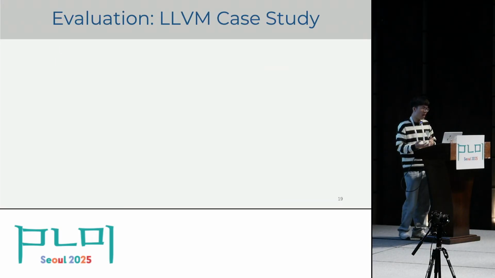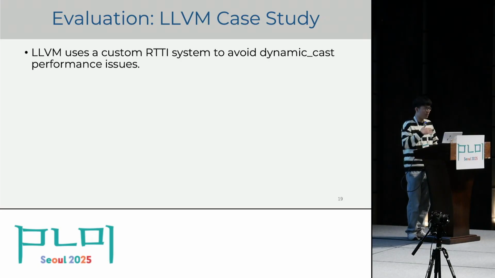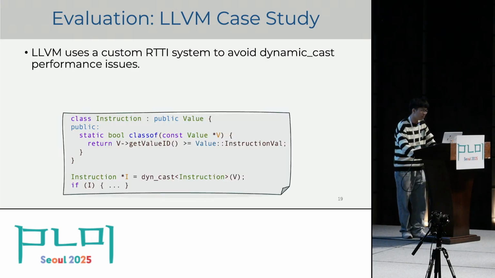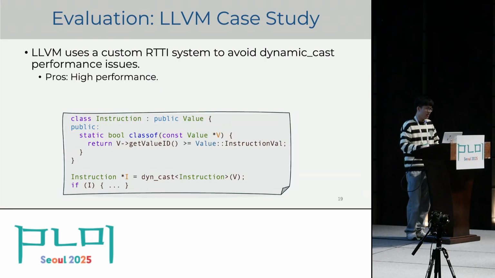Now to see how well our optimization works on large-scale projects, we picked LLVM. LLVM is a project that heavily relies on dynamic cast, but to avoid the performance hit from dynamic cast, it builds its own custom RTTI system. The upside is that it is fast.